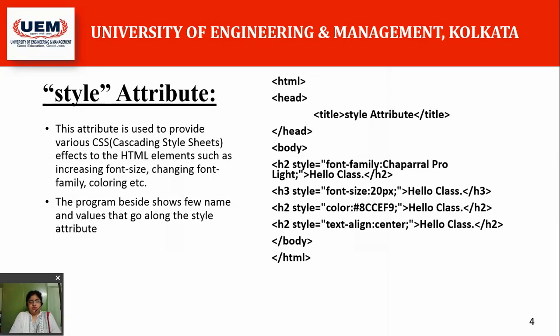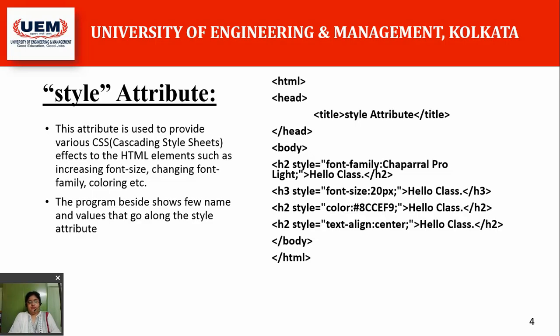Now we will go to the style attribute. This particular style attribute is used to provide various Cascading Style Sheets (CSS) effects to the HTML hypertext markup language elements, such as increasing font size, changing font family, coloring, etc. The program beside shows a few names and values that go along with the style attribute.